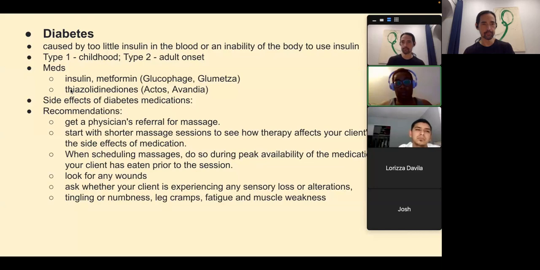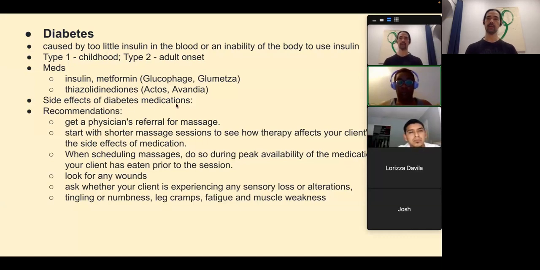And then there are thiazolidinediones, made under the brand names Actos and Avandia. You may remember about 15 years ago there was an enormous lawsuit regarding Avandia. I don't remember what happened. I just remember that Avandia turned out to be really bad news, and a bunch of people sued.